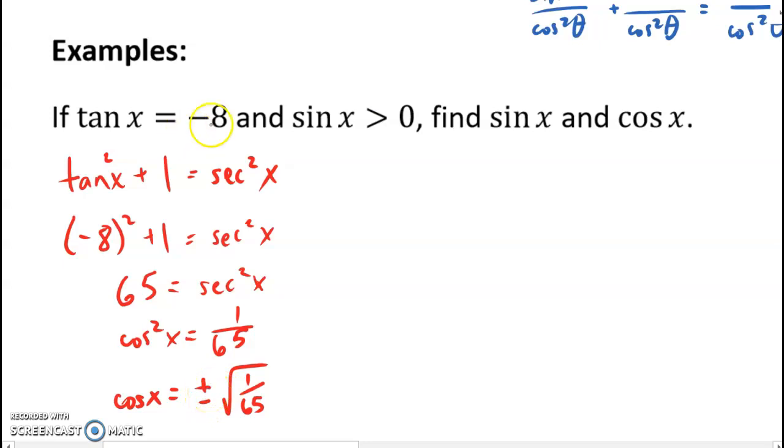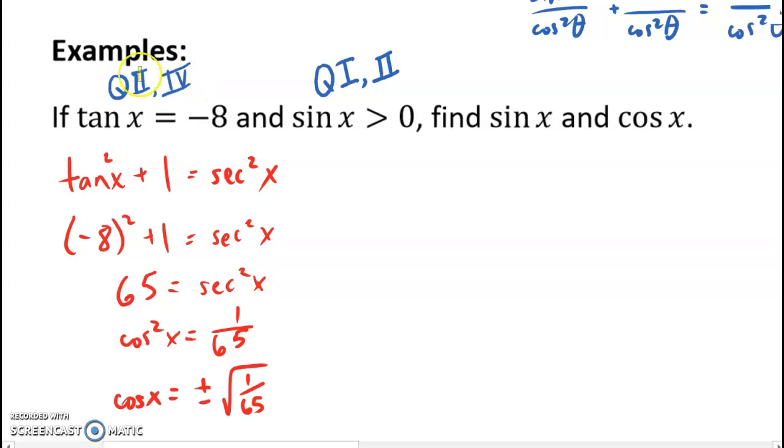So let's think about these two pieces of given information. If the sine of x is greater than 0, then it narrows it down to the angle being either in quadrant 1, where all of them are positive, or quadrant 2, where the sine is positive. However, if the tangent of x is negative, then our angle is either in quadrant 2 or in quadrant 4, places where the two coordinates have opposite signs.